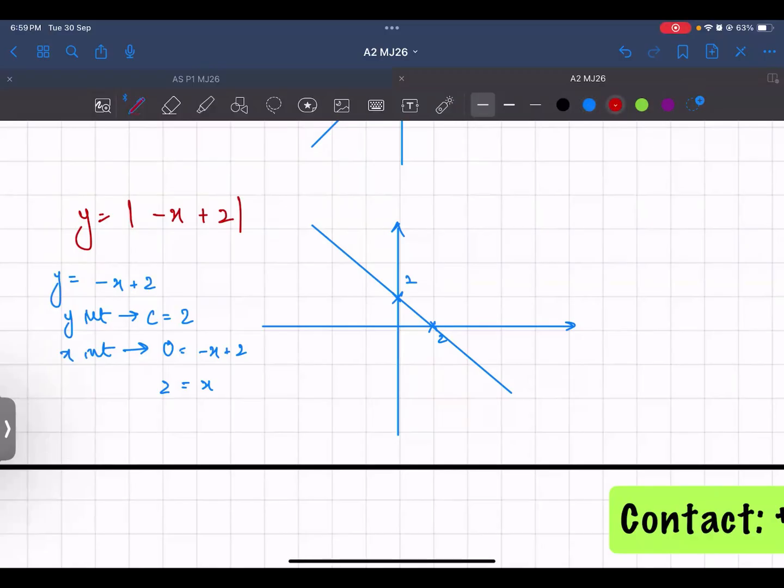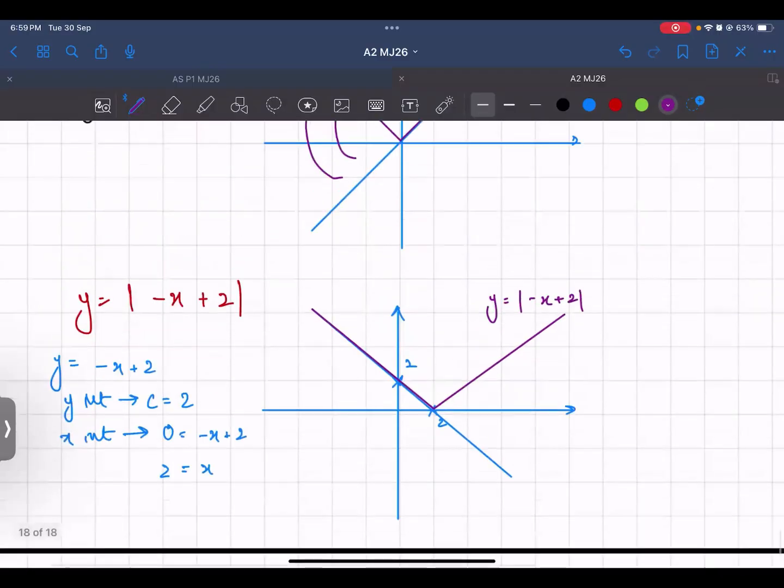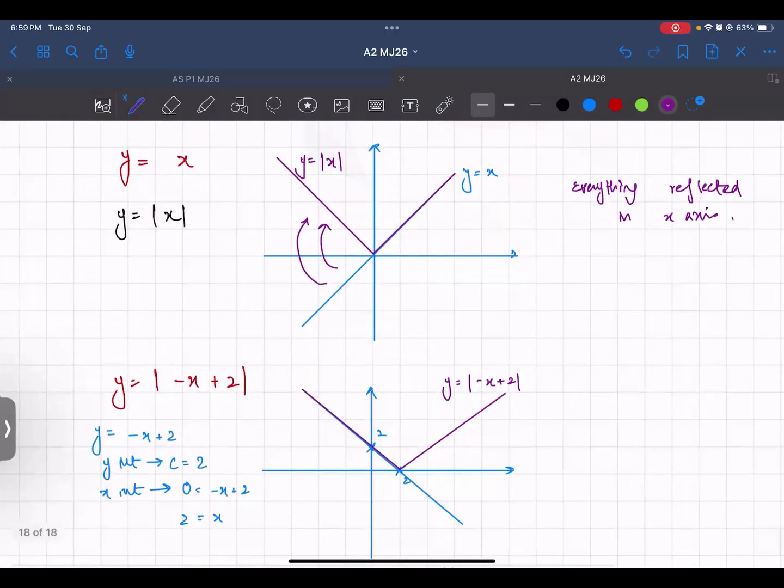But because now you have a modulus, this graph would be reflected. So the purple one is your graph with the modulus. Okay? Do you get it? The modulus will just reflect everything which is below the x-axis, which is negative, into the positive region.